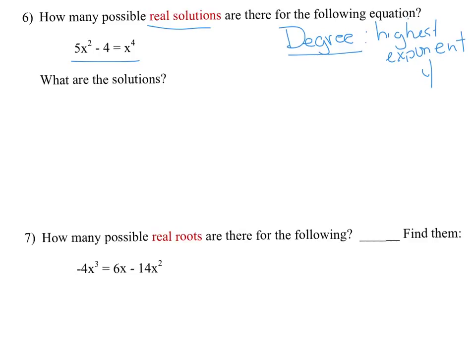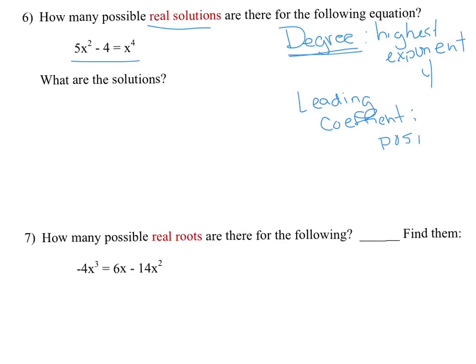So to solve this, the process is the same. I don't really have to say much. All we have to do is get everything to one side. Whenever we get everything to one side, the leading coefficient, this is just awesome vocab here, needs to be positive.